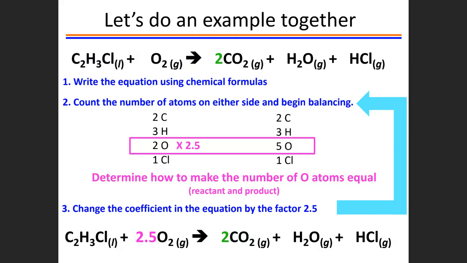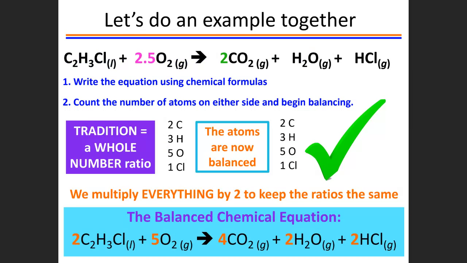Determine how to make the number of oxygen atoms equal on the reactant and product side. So we make it the same here. Now we see the same number. Write the equation using chemical formulas, count the number of atoms and begin balancing. Okay, we multiply everything by 2 to keep the ratio the same.